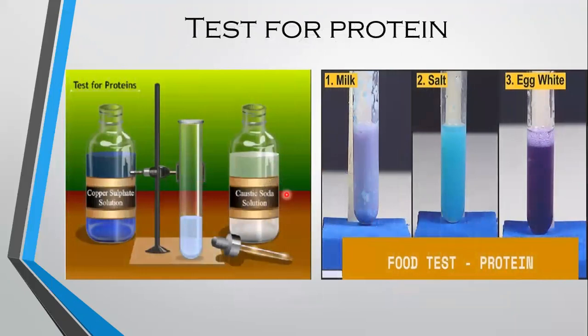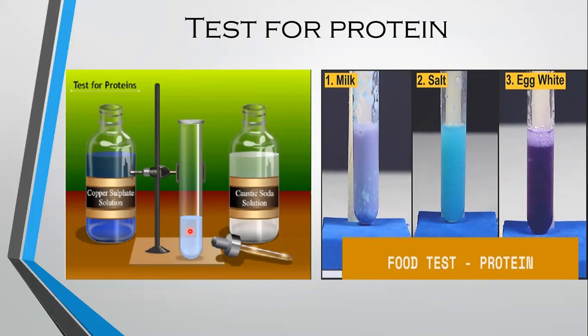Test for proteins. To test for protein, put a small quantity of the powdered food sample in a clean test tube. Add 10 drops of water and shake it well. Add 2 drops of copper sulfate solution and 10 drops of caustic soda solution into the test tube.